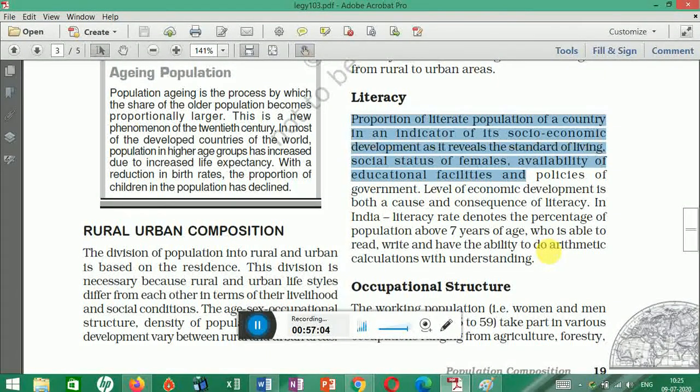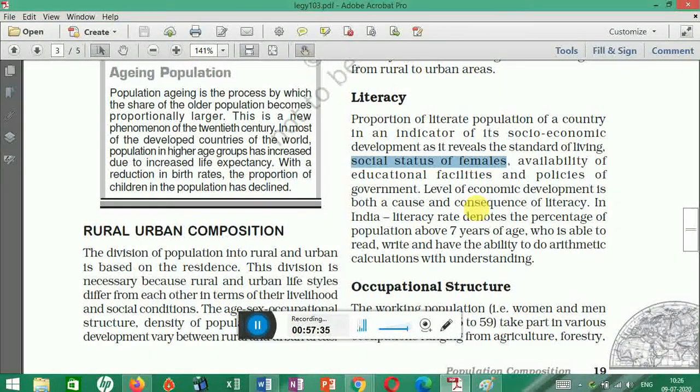A higher rate of literacy means a higher standard of living, because that implies that parents can afford education for their children. That means the living condition is higher, and a higher literacy rate among the females also indicates a higher social status of females.